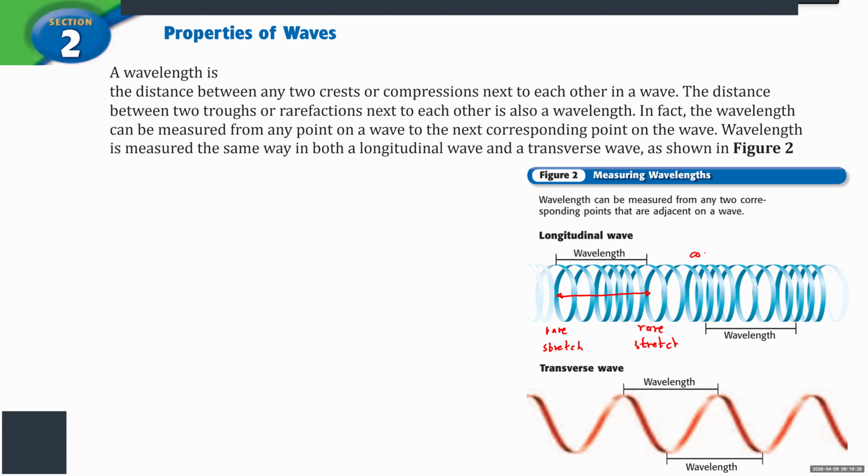This is compression, and this is also compression. So the distance between them, because they are identical points, is the wavelength. This is for a longitudinal wave. For a transverse wave, I said the distance between two crests or two troughs.